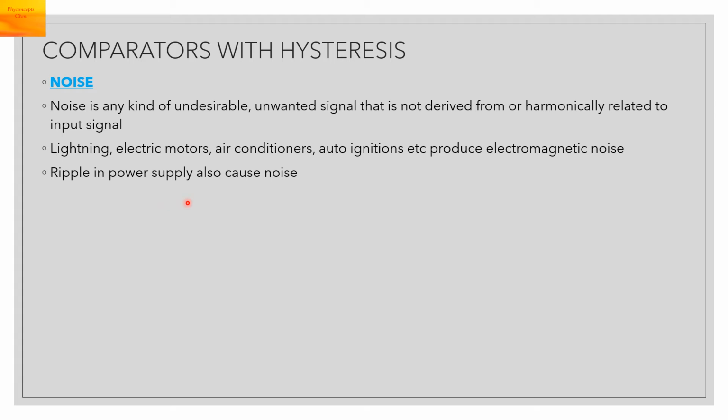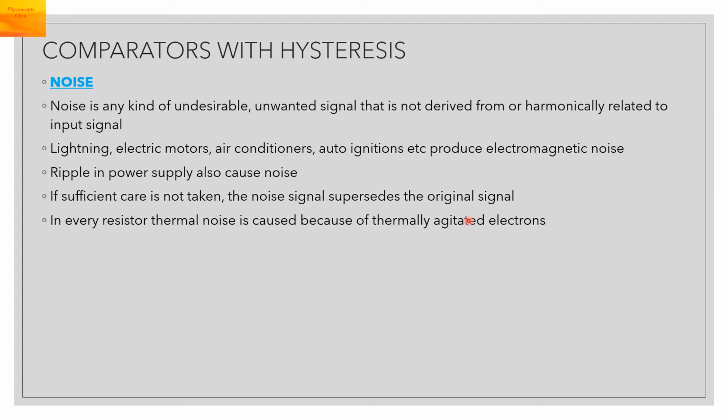The ripple in the power supply also causes noise. So if sufficient care is not taken, this noise signal will mix with the original signal. In every resistor, thermal noise is caused because of the thermally agitated electrons. The more the temperature, the more is the thermal noise.